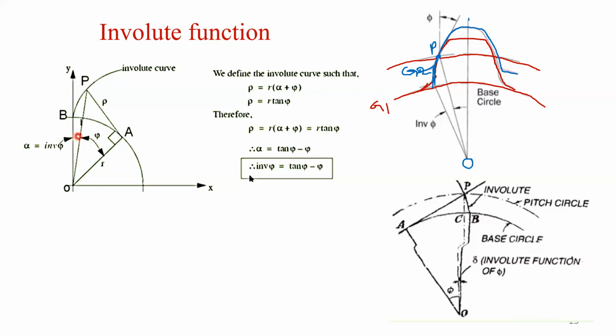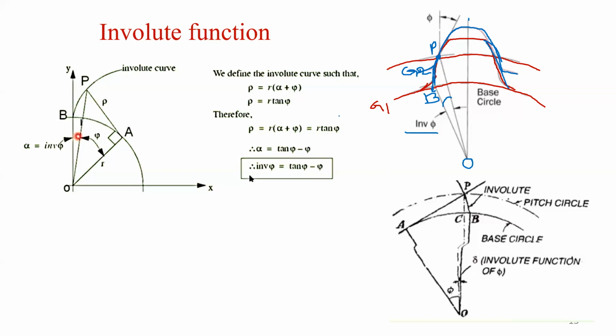If we join this pitch point to the center, and then there is a base point, this is point B. If we join these two, it makes an angle. This angle is called the involute function. So the involute function is the projected angle of the flank portion of the involute. This is also involute.